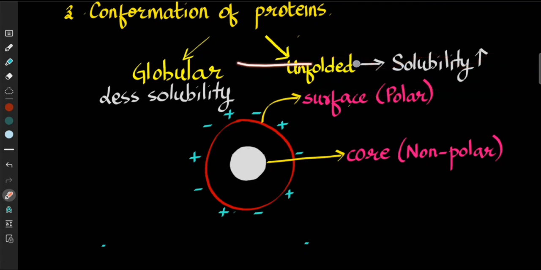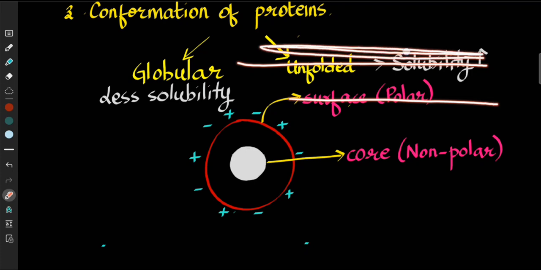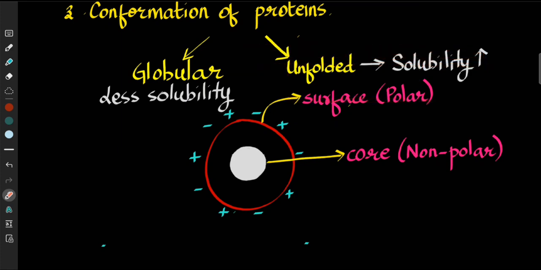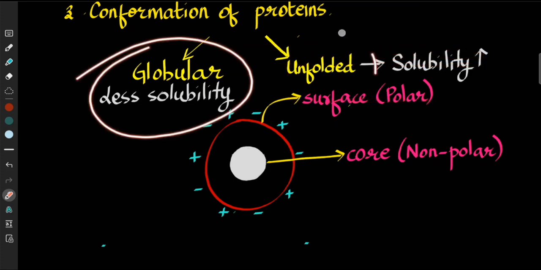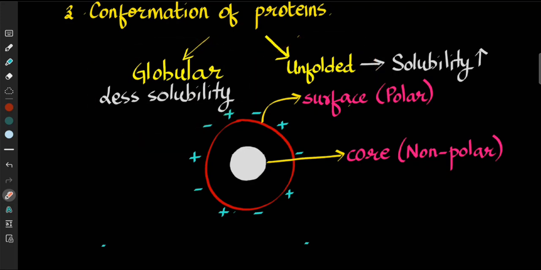It is not folded, it is in a linear structure. So all the hydrophilic part is being exposed in the long proteinaceous chain. So rather than the globular, the unfolded structure of protein is more soluble in the solvent. As you can see over here, the surface is polar and the core part is non-polar, right?